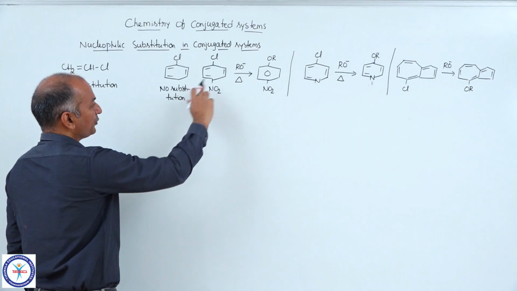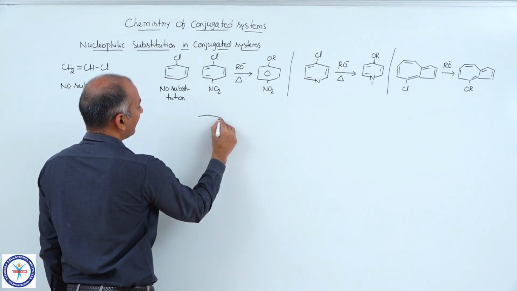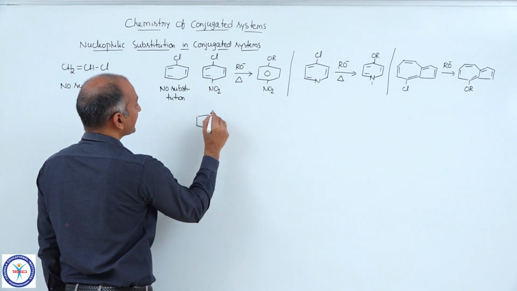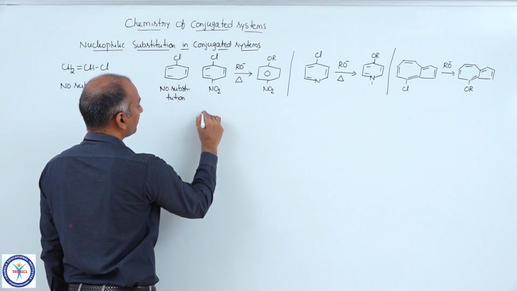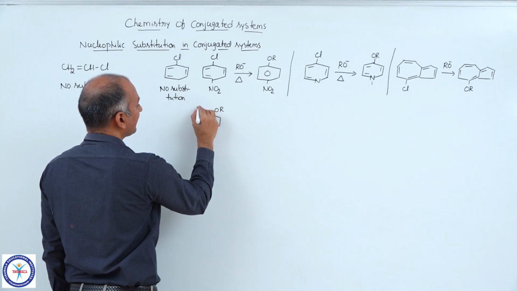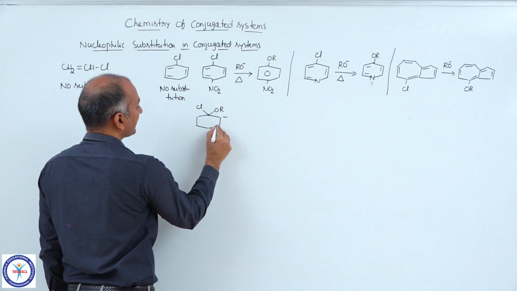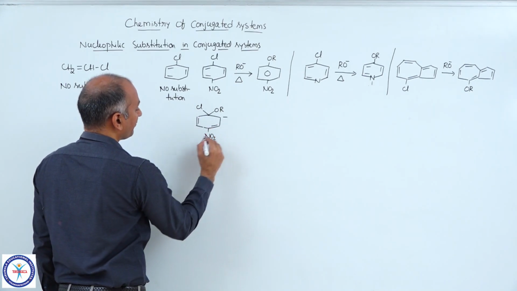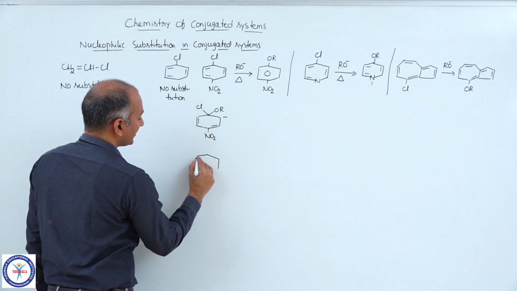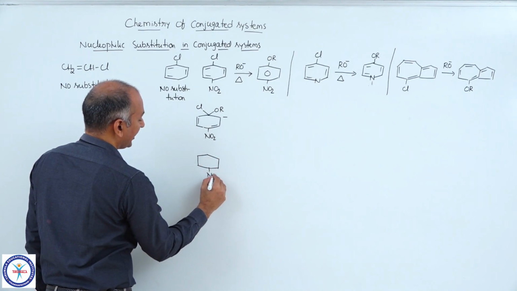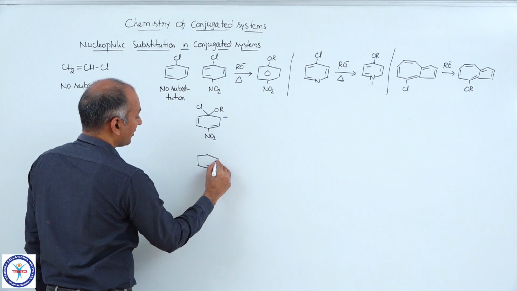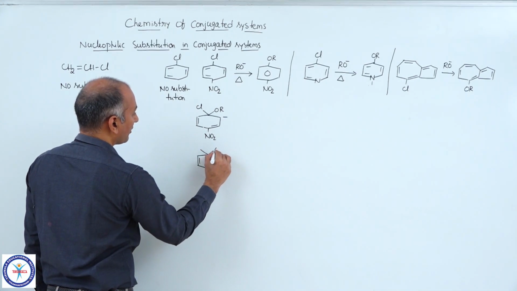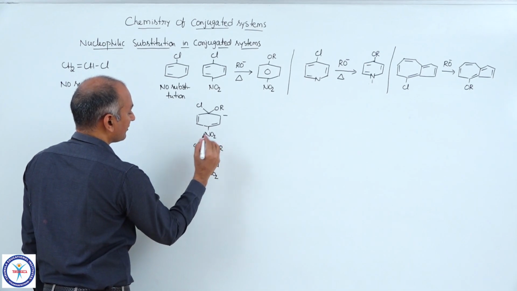And that is because if you see the intermediate here, that intermediate is stabilized by the NO2 group. Now, OR attacks here, minus, double bond, NO2. Now, that is resonance stabilized. The negative charge comes here, double bond, OR, Cl.